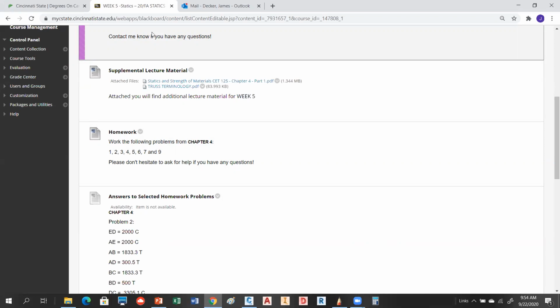So when you get problem 2, solve your reactions first. You got your pin at A, a roller at C, but then probably start at joint E and then go down to A, and everything will roll pretty well.